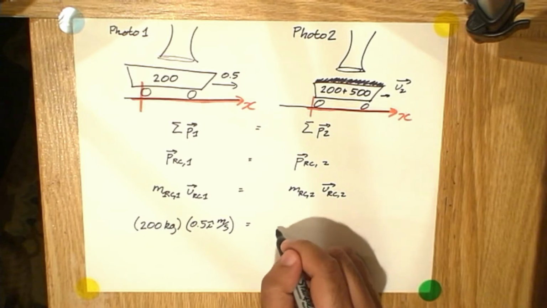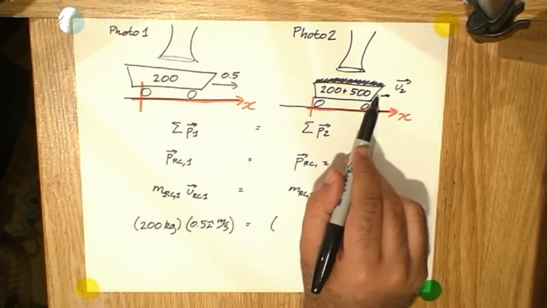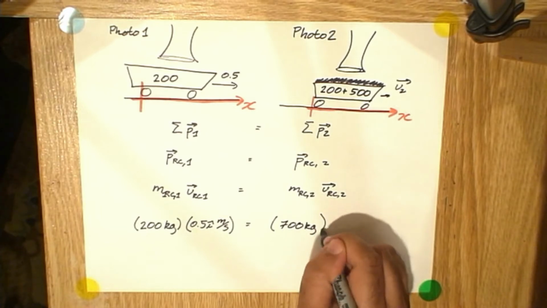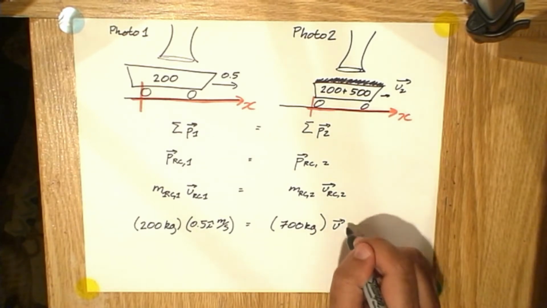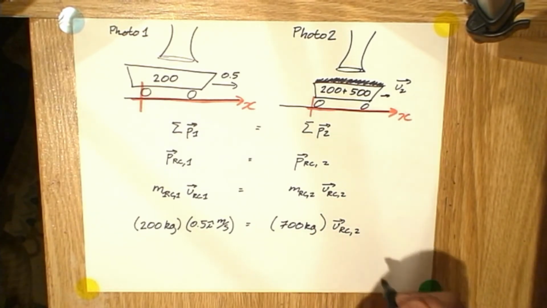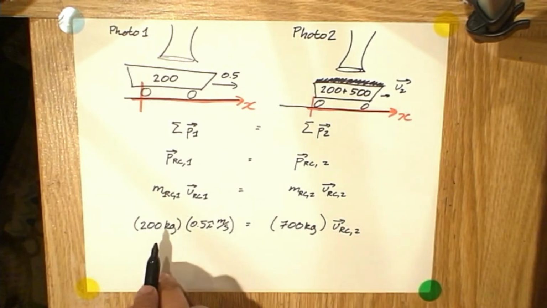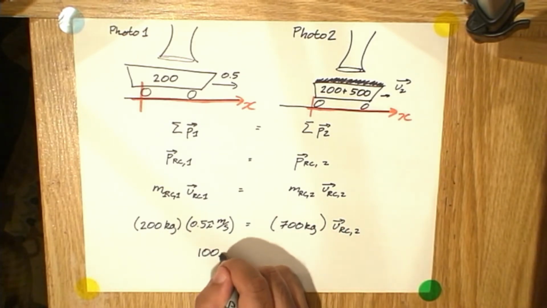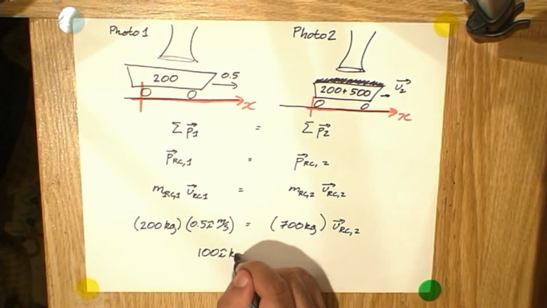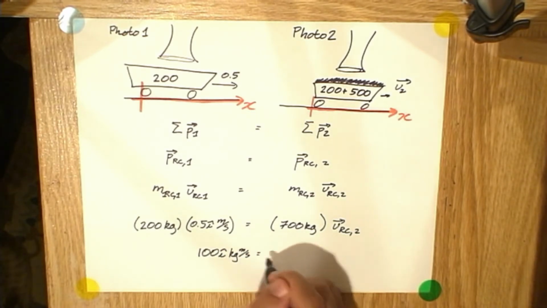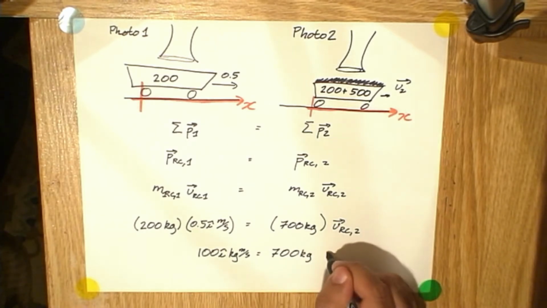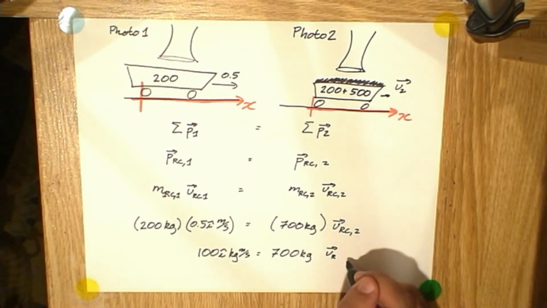And that's equal to the final mass of the rail car, 200 plus 500 equals 700 kilograms, multiplied by the velocity of the rail car in photo 2. 200 times 0.5 is going to give us an initial momentum of 100 i hat kilogram meters per second, which must be equal to 700 kilograms multiplied by the velocity of the rail car in photo 2.